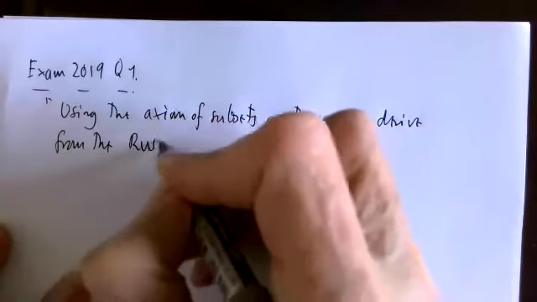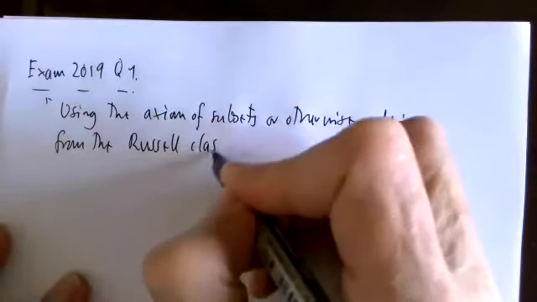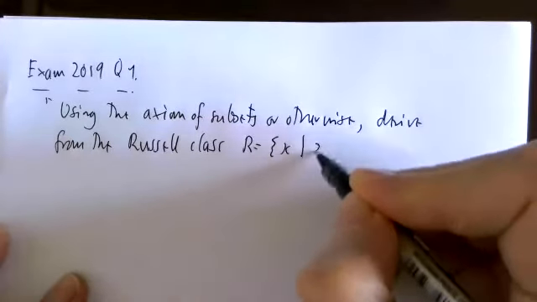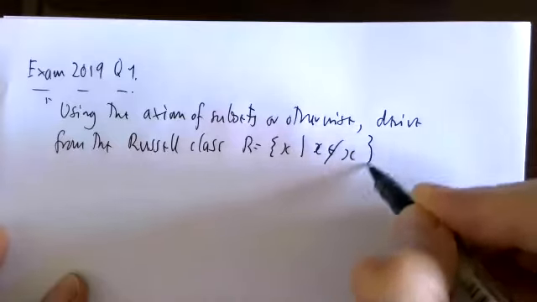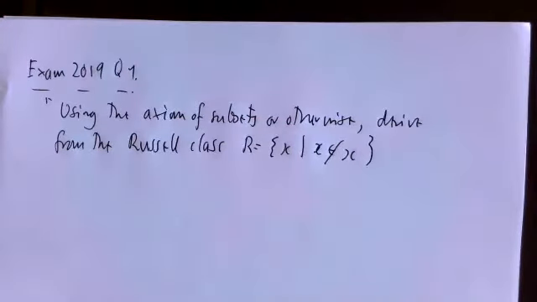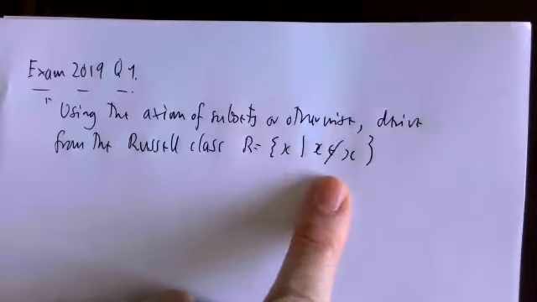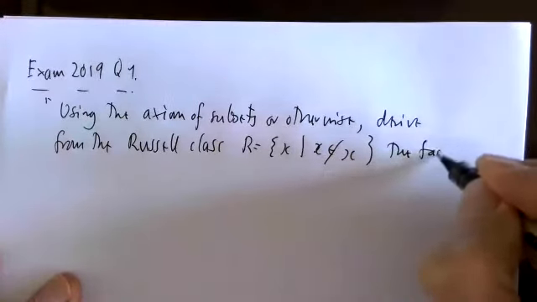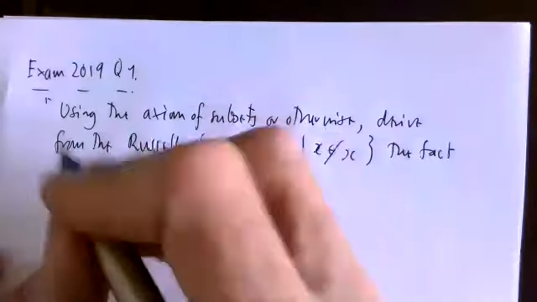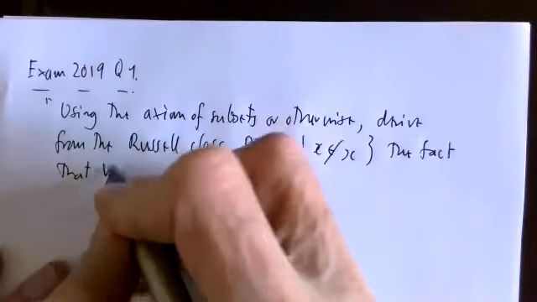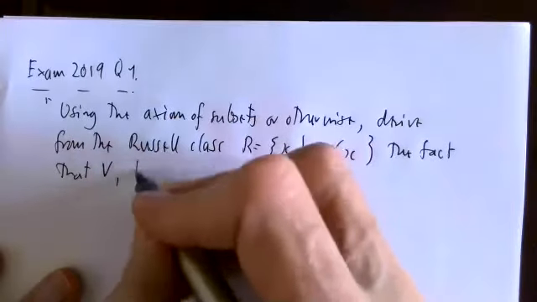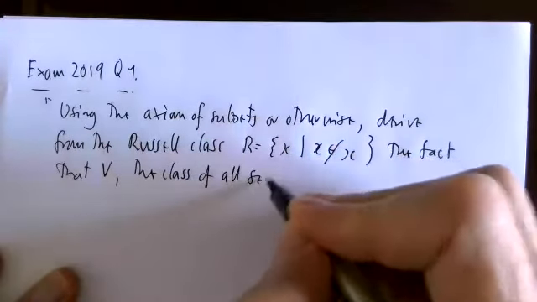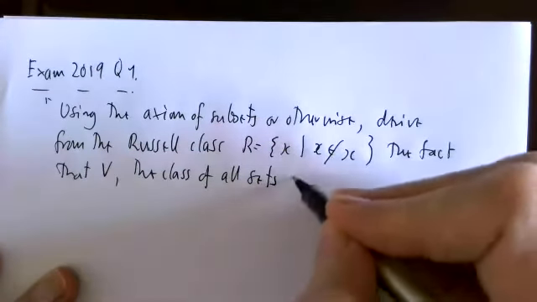Derive from the Russell class, and it tells you what the Russell class is, or reminds you again. It's the class of all sets that are not members of themselves, the fact that V, the class of all sets, is a proper class.